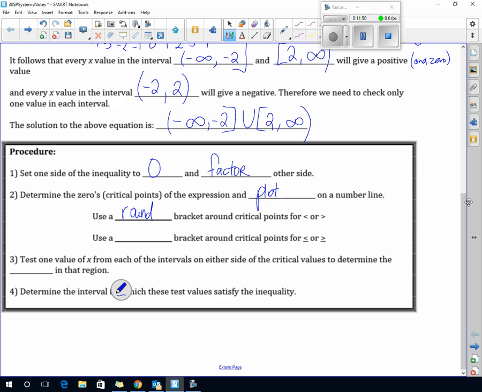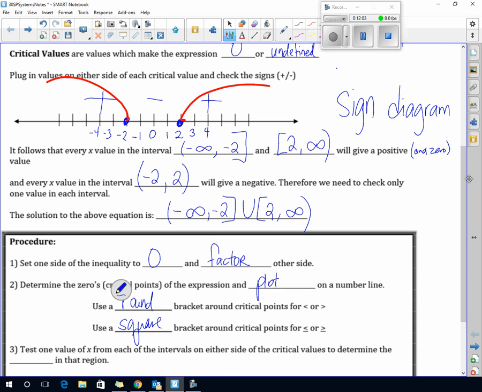Test one of the values. So actually, I didn't do that on there. I actually had a point filled in here. But what that is saying is you should put a round bracket or square bracket there. I actually like doing the dots filled in or not filled in. So maybe I'll add that there.